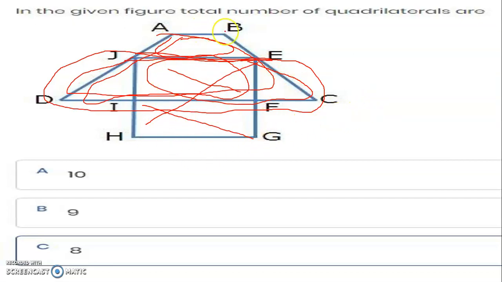Sorry, 8 quadrilaterals. So we will have 8 quadrilaterals. Is it clear, my dear children?